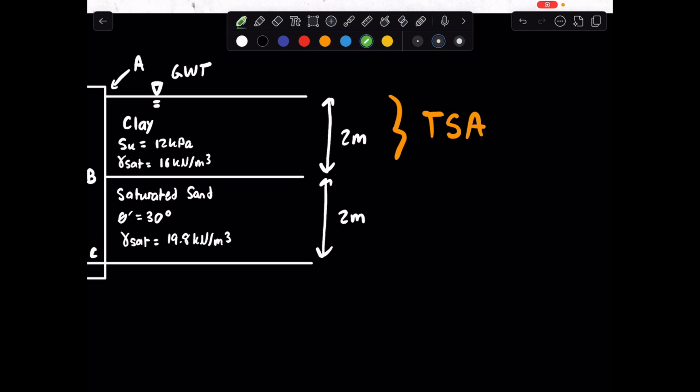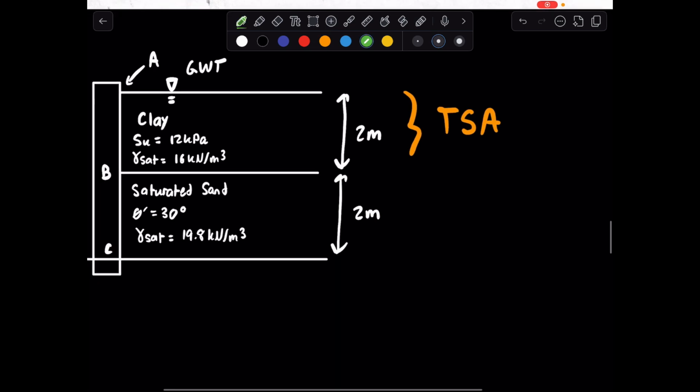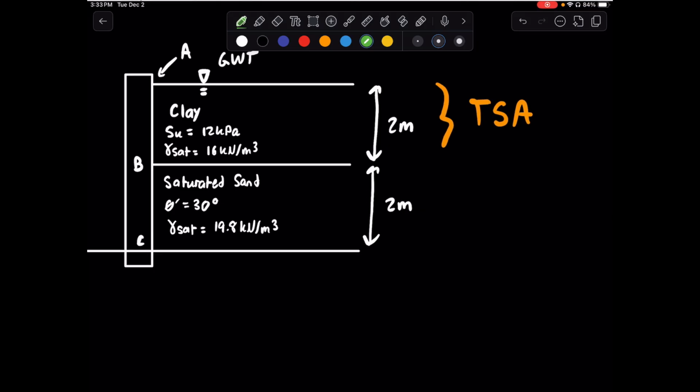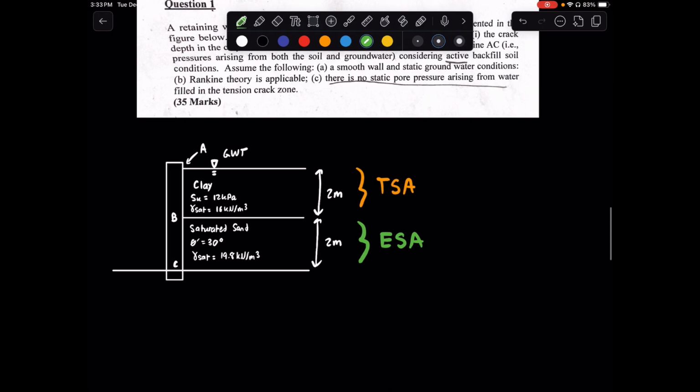So we need to keep that in mind when we do our calculations. Now we'll look at our sand. No SU value. What does that mean? We're going to be using effective stress analysis for this region. So now that we've established that, let's start.